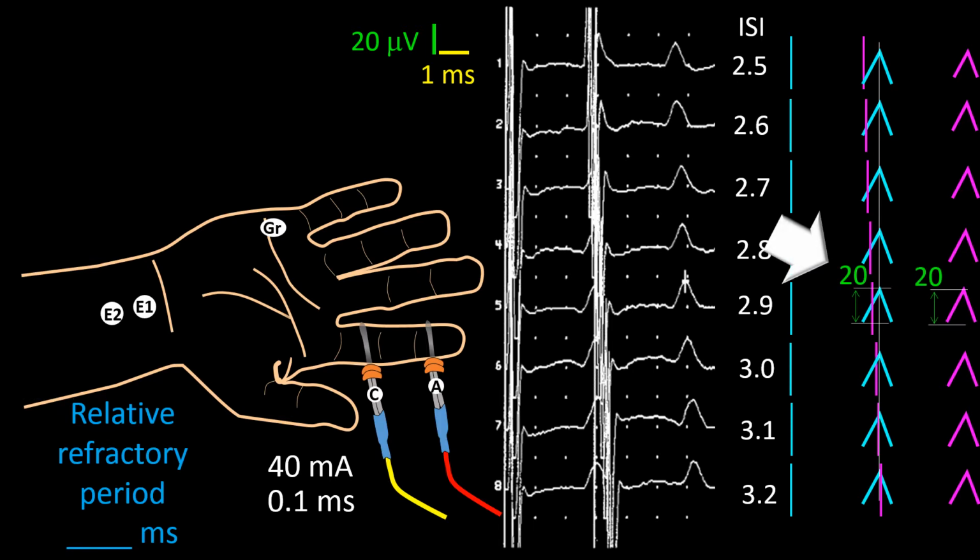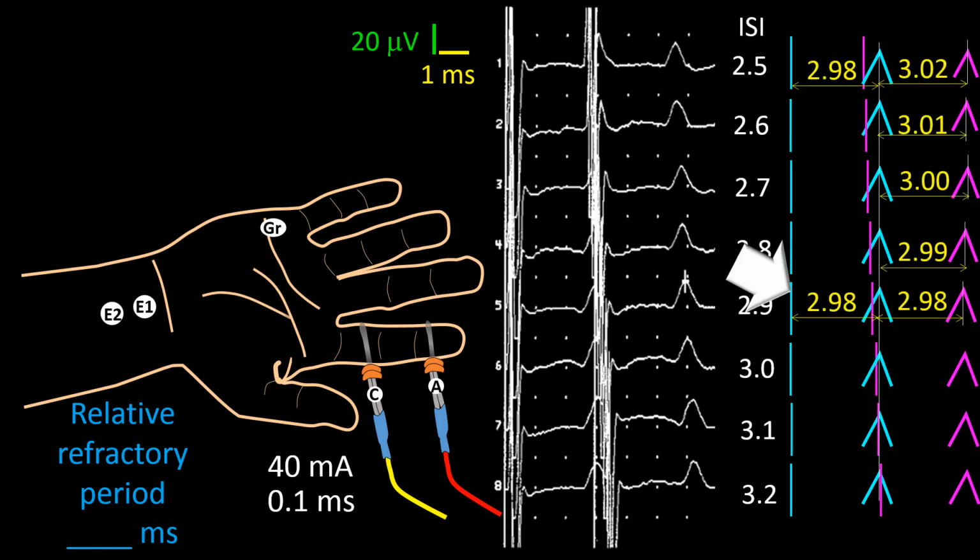The criteria to determine the end of the relative refractory period is when the wave produced by the second stimulus has the same amplitude and peak latency as the wave produced by the first stimulus. Some authors use only one of the two criteria, either latency or amplitude, because at times they do not tend to coincide.